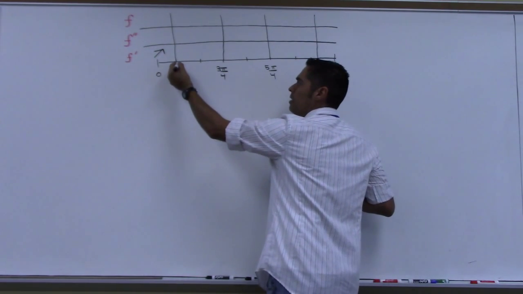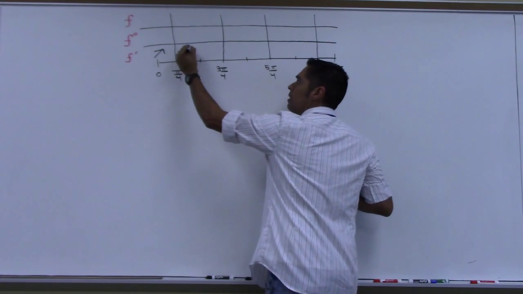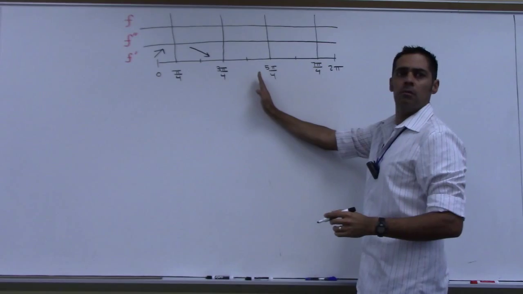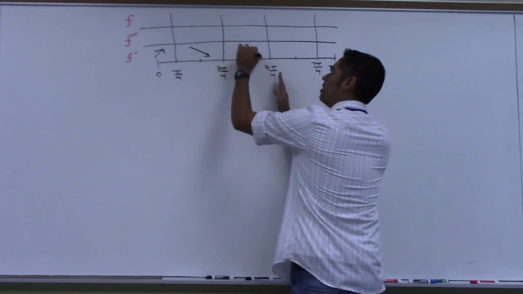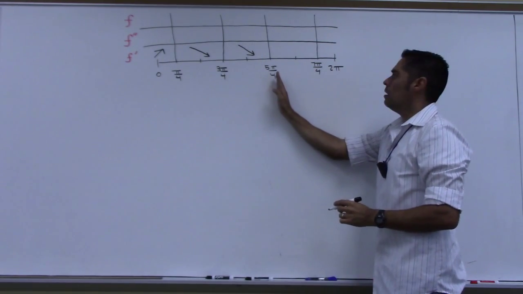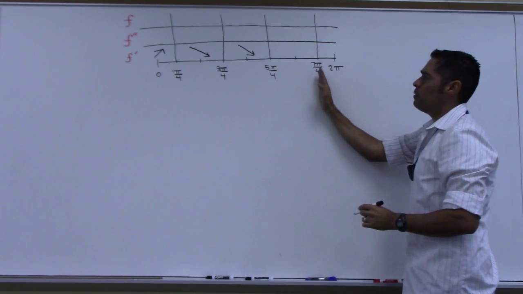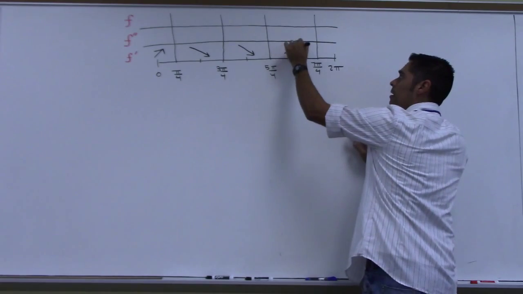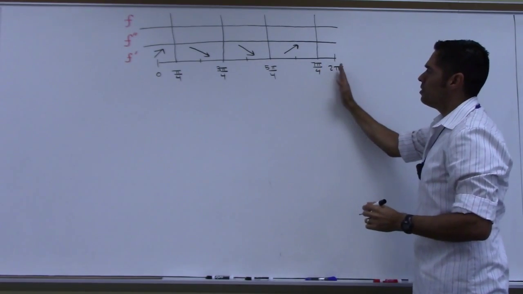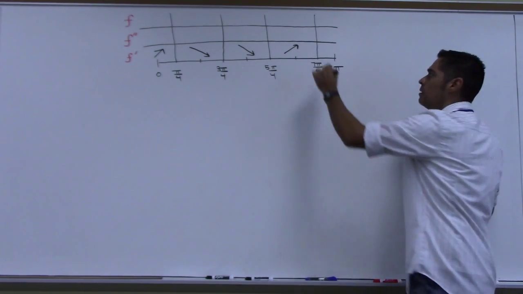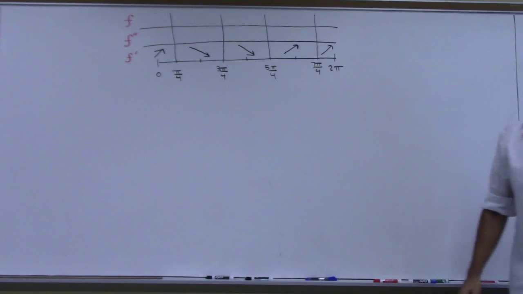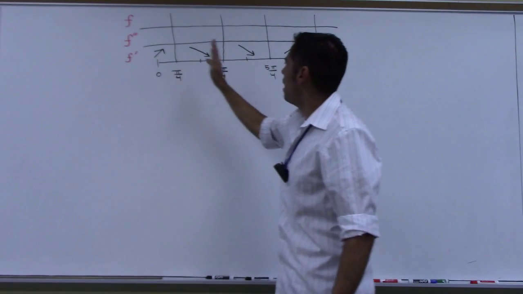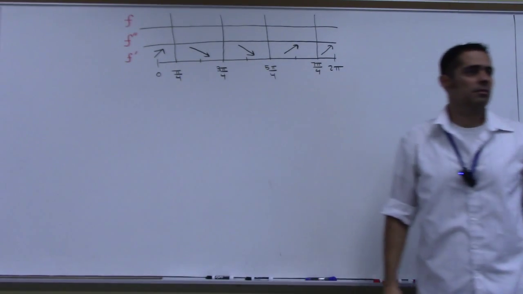And then it starts going down right here, and it goes down until I get to where? 5 pi over 4. So is it safe for me to put this down arrow in there also? And then from 5 pi over 4 to 7 pi over 4, is it down or up? It's up. How about from 7 pi over 4 to 2 pi? Still up. Do y'all see what I've done? I've used the information from my first derivative to figure out what's happening in each of those little boxes.